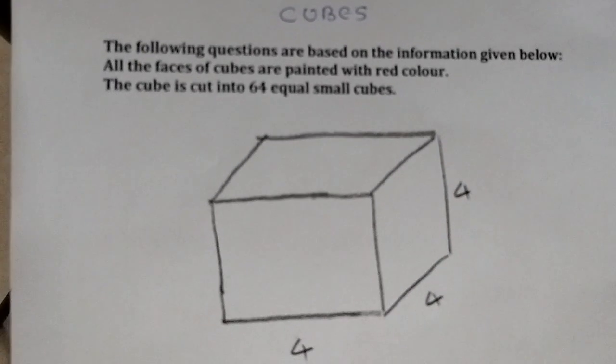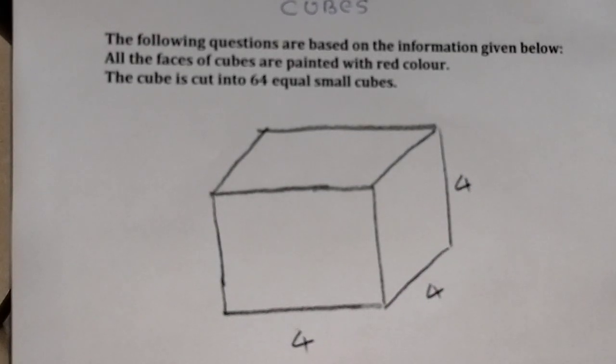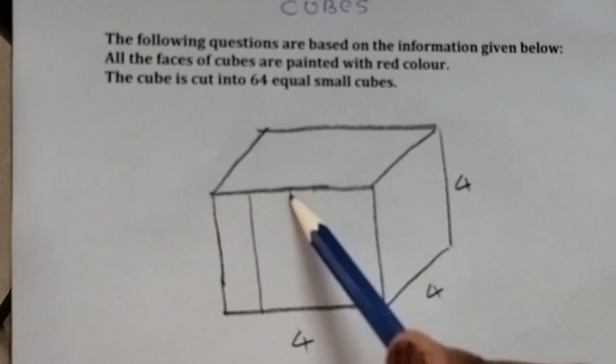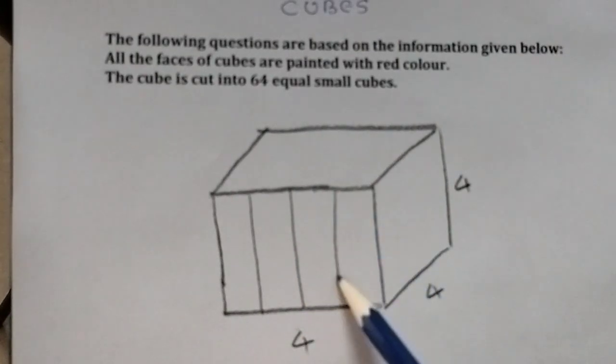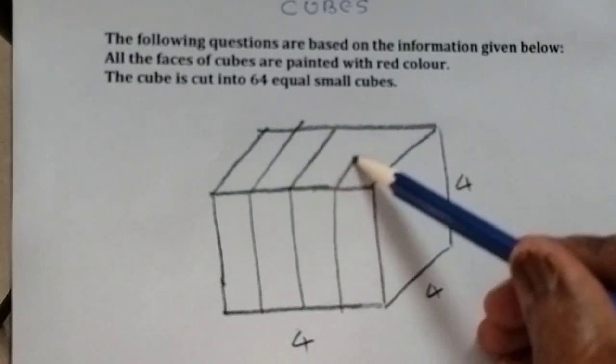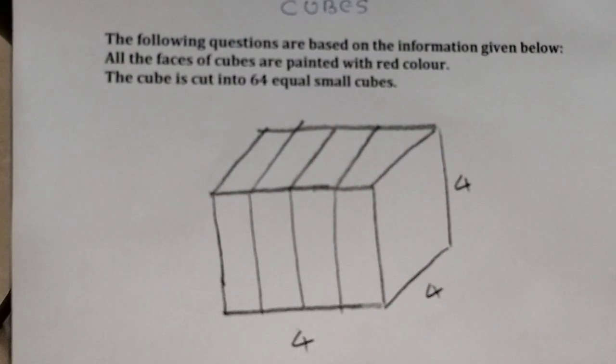So we are making 4 equal parts of the length, 4 equal parts of the width, 4 equal parts of the height. So how many cuts are needed? This is 3 cuts, that is 4 minus 1 cuts.